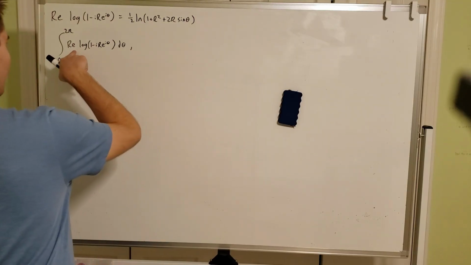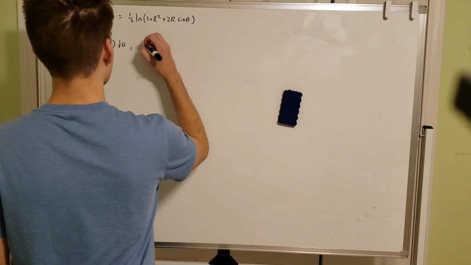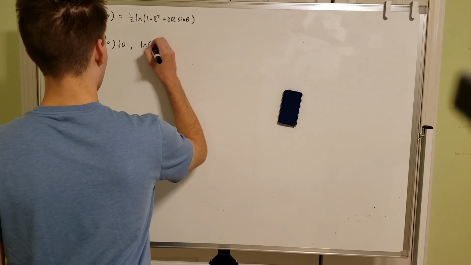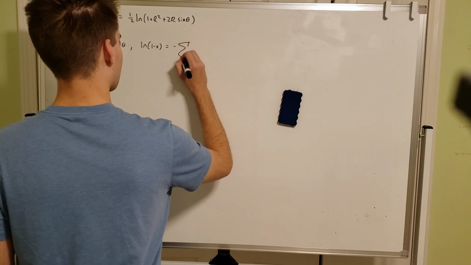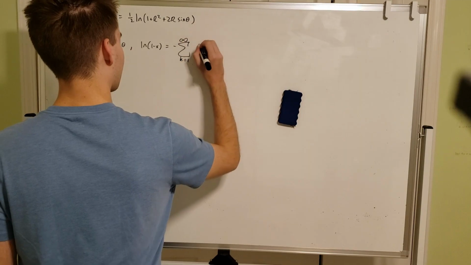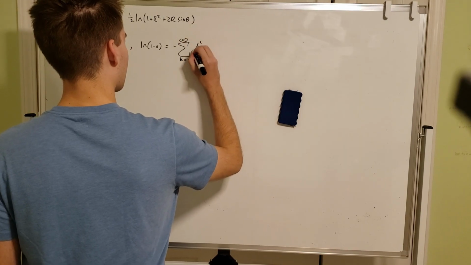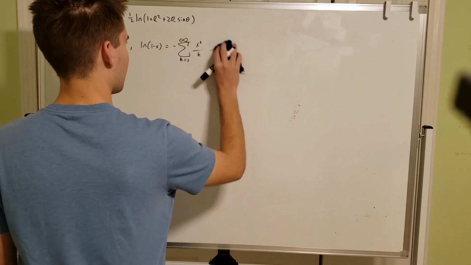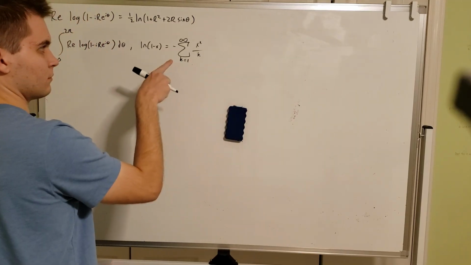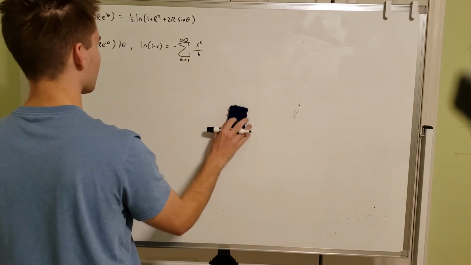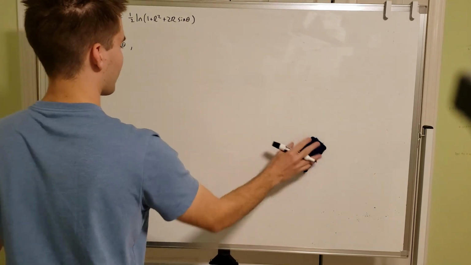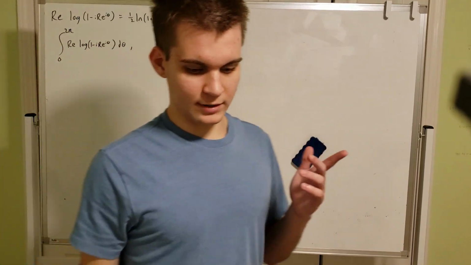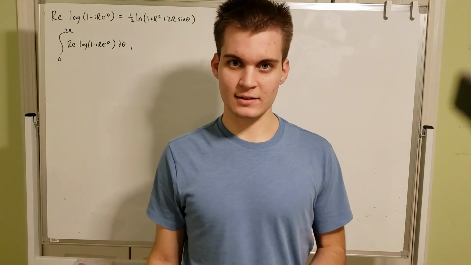First, by the way, real part is linear, so you can just pull it out. But also remember that ln(1 minus x) equals this. We're going to use that. Remember that only works if x has absolute value less than 1.